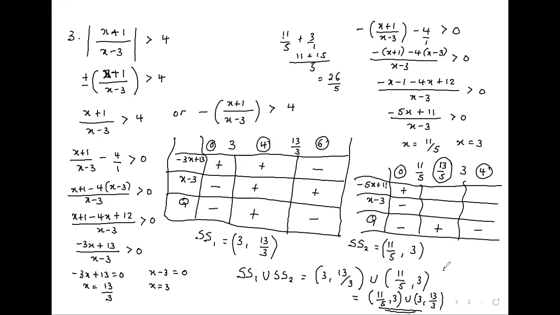So it's like a line of this nature. It starts open at 11 over 5, open at 3, and then continues open at 13 over 3. That's how our interval is.